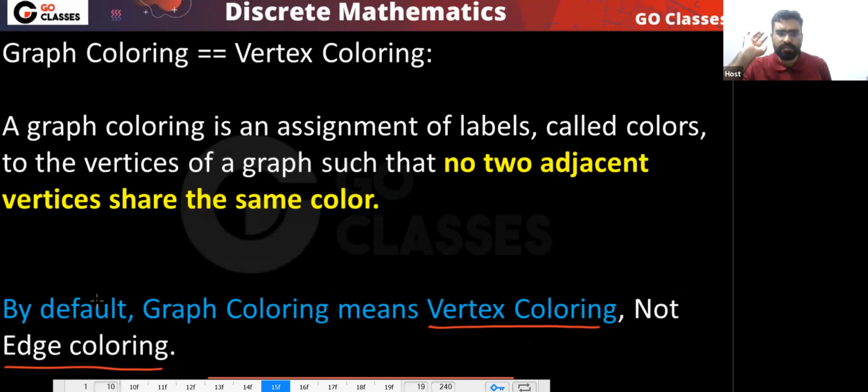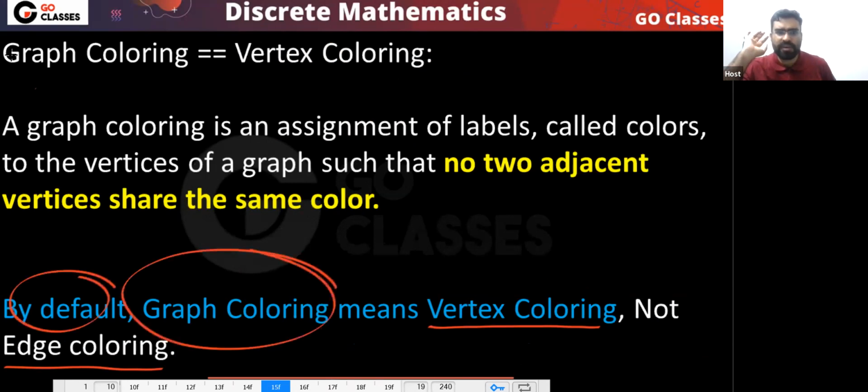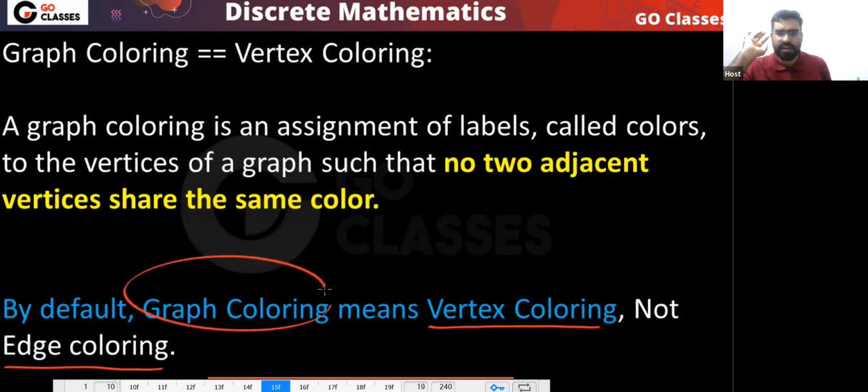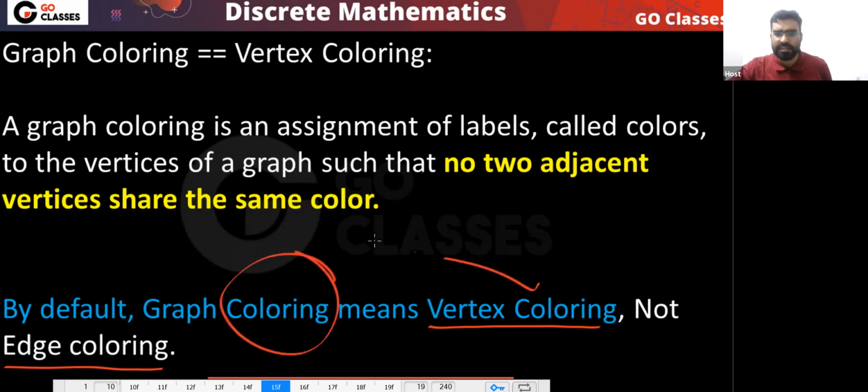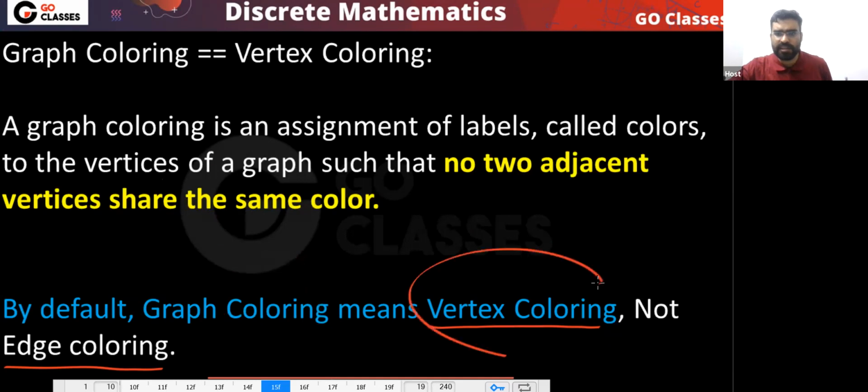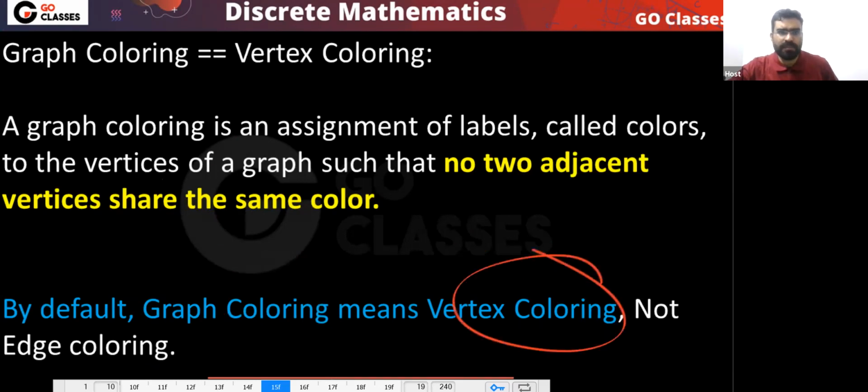By default, when I say graph coloring, or when I say coloring, it means vertex coloring. It does not mean edge coloring. So by default, coloring means vertex coloring. First we will study vertex coloring, and then we will study edge coloring.